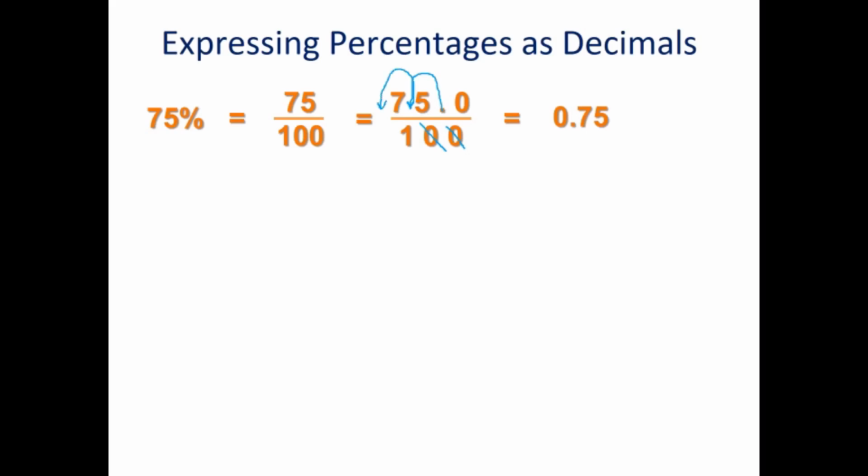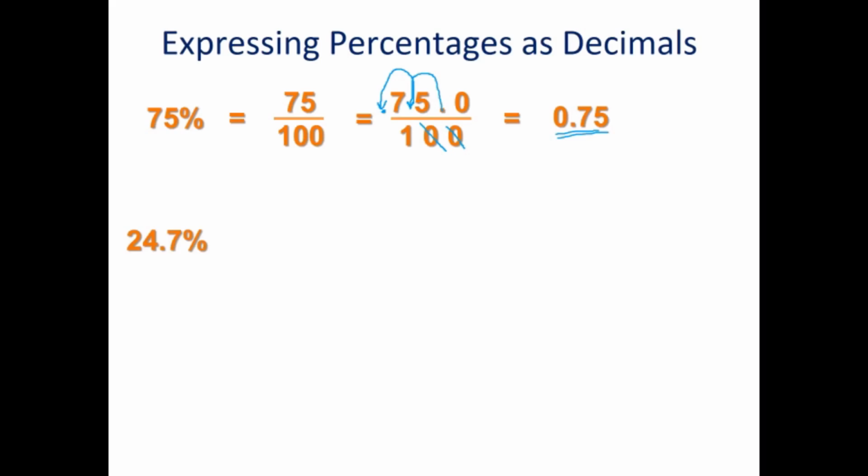So your decimal point is now before the 7. You cannot start a decimal with a point, that's why we turned it to 0.75. That's essentially what happened here. I'm going to teach you more as time progresses in the week.